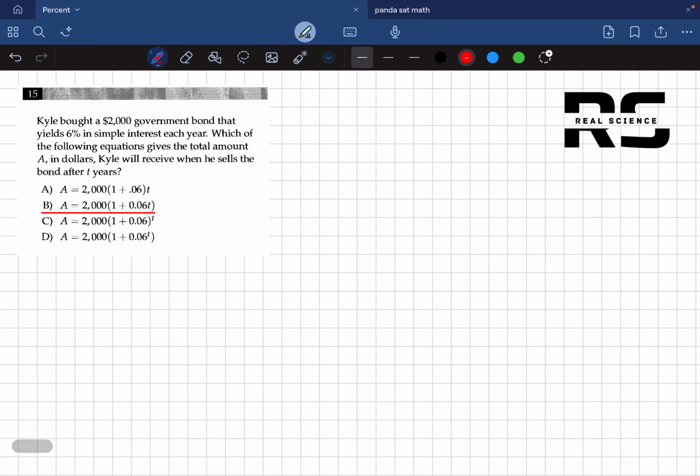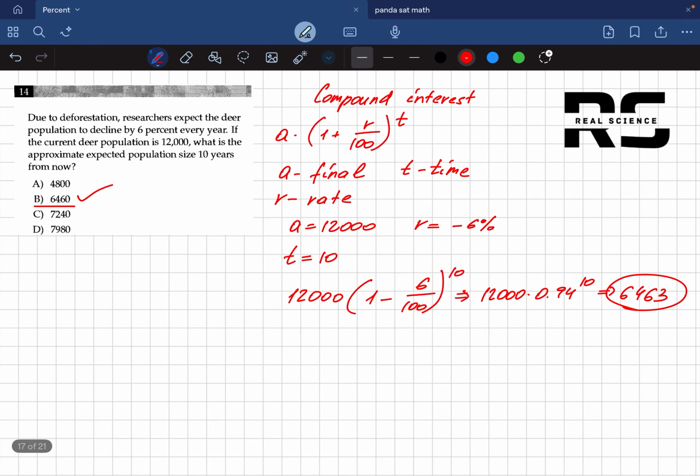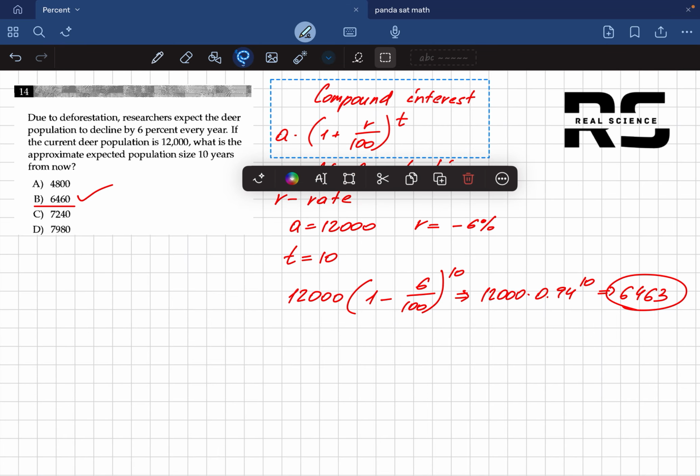Let's look at number 15. Kyle bought a $2,000 government bond that yields 6% in simple interest each year. Which of the following equations gives the total amount A in dollars Kyle will receive when he sells the bond after T years? Okay, this is the same formula that we can use. Let me just copy that.